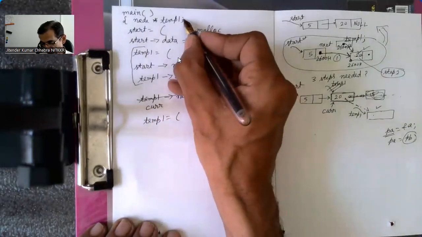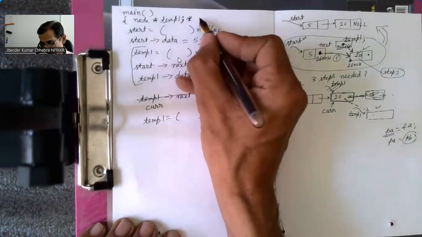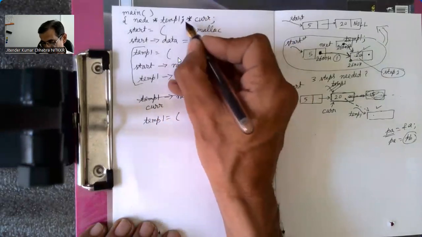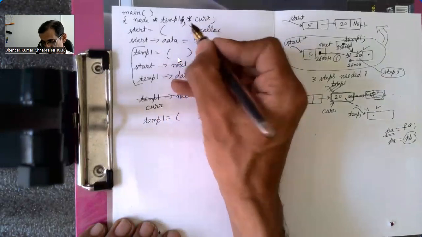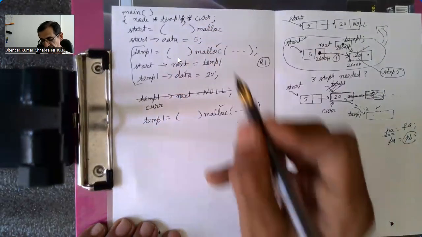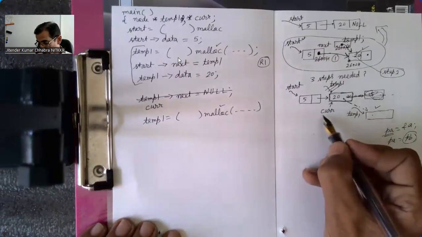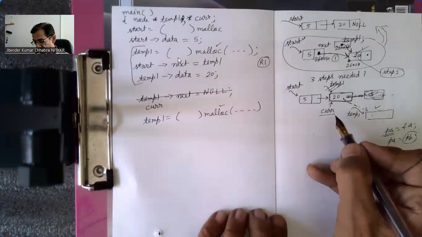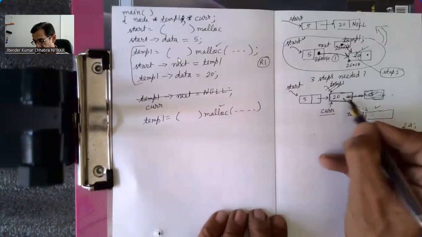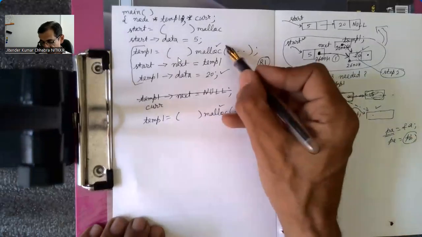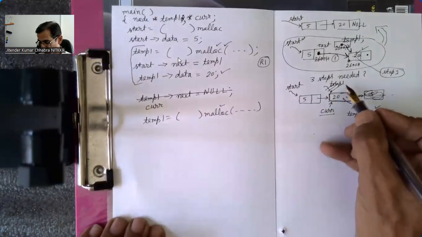That means I will also declare another one, CURR, of this type. In that case it becomes a comma, and I have declared CURR also as a temporary pointer, a current pointer of node type. For current, no memory allocation is needed. The current can point to any existing node. So temp1 has the data, and current also points to this.